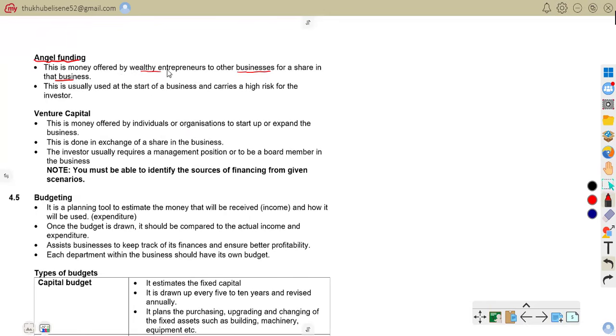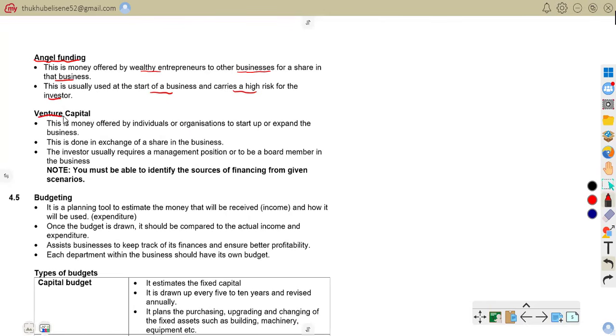Those bigger businesses give money to smaller struggling businesses in exchange for a share. For example, entrepreneurs give 20% share for investment. This is usually used at the start of the business and carries high risk for the investor.